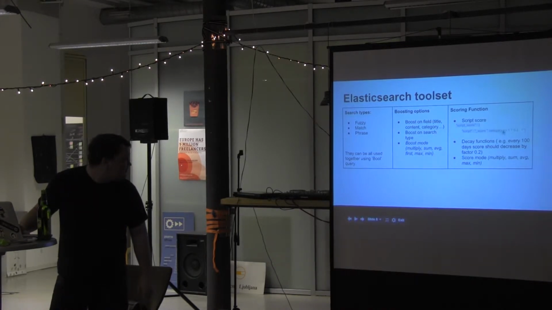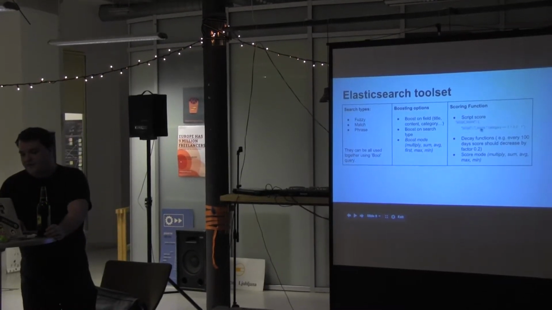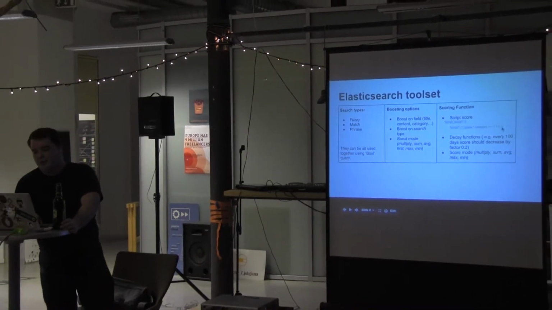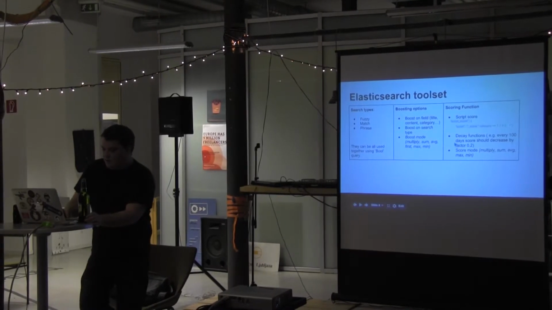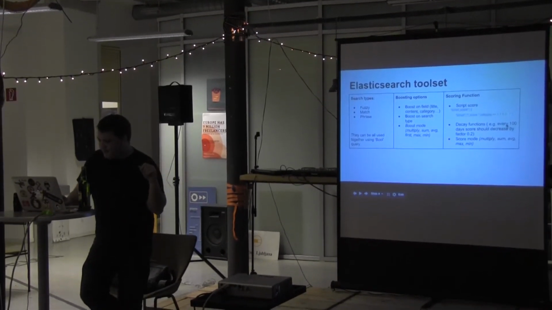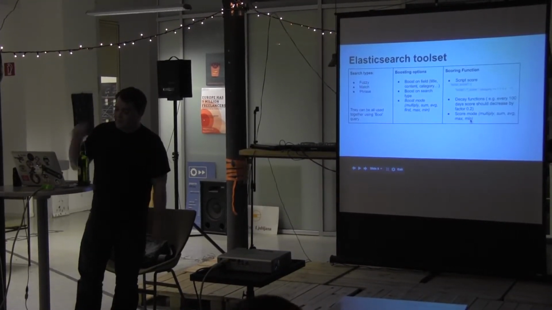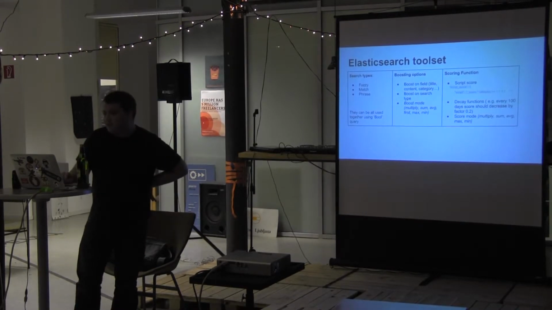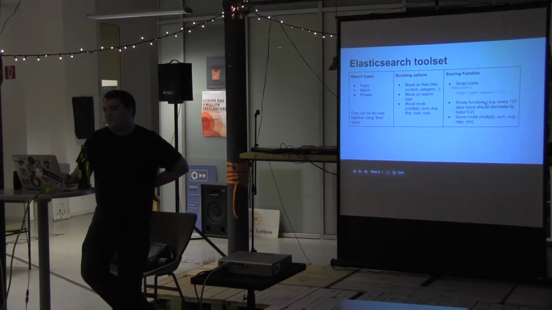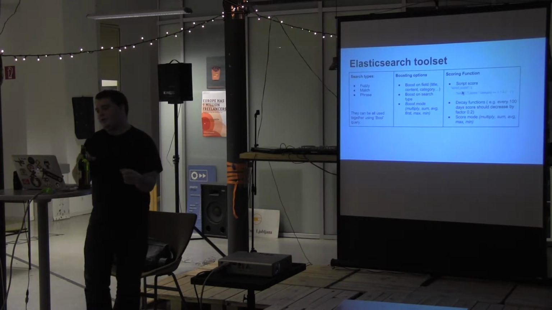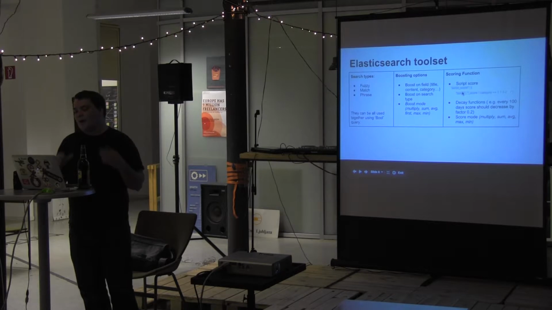I don't know if you can see this, but here, if this article is in category 1, then you should boost it by 0.2, which means down boosting. Then we have decay function. It is explained on the next slide. And again, you have the score mode, which means if you have more script scores, what will we do with the results that we get from multiple script scores?